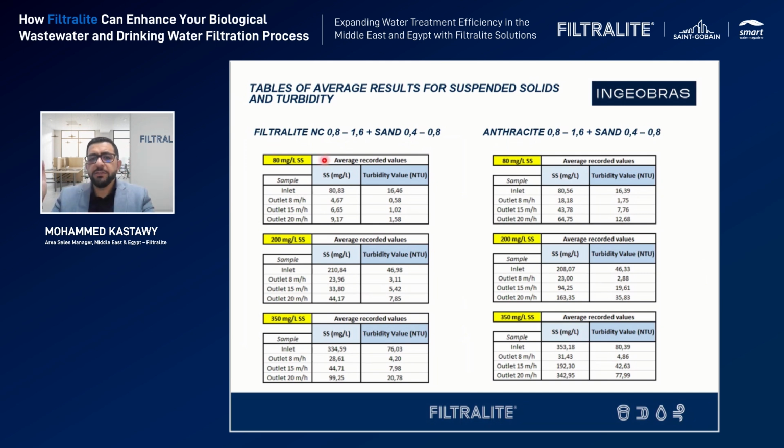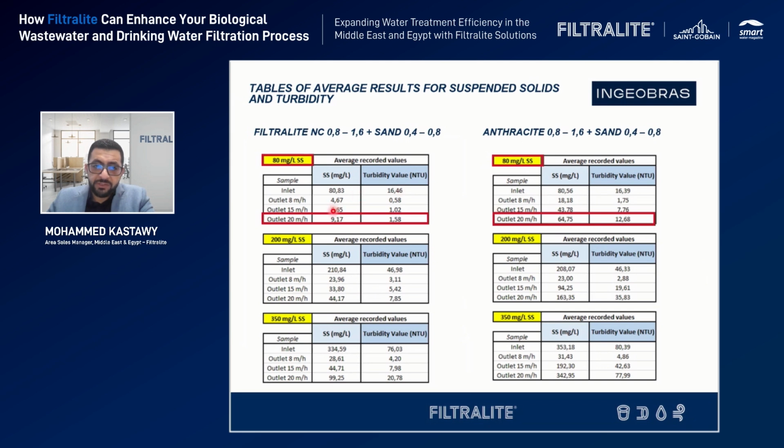What we want to see is, if the water goes inside with 80 milligram per liter as suspended solid, how much exactly Filtralite can remove from this. When we look at the anthracite, the result was going from 80 milligram per liter of suspended solid to 64.75.